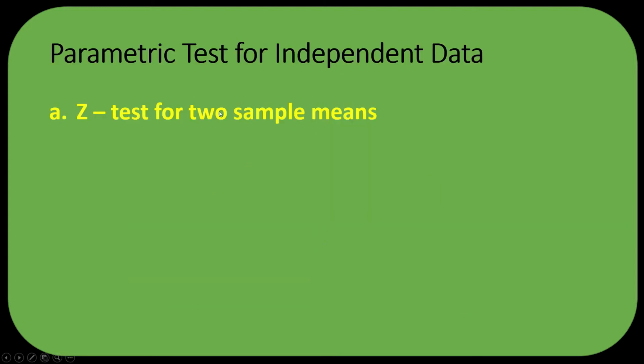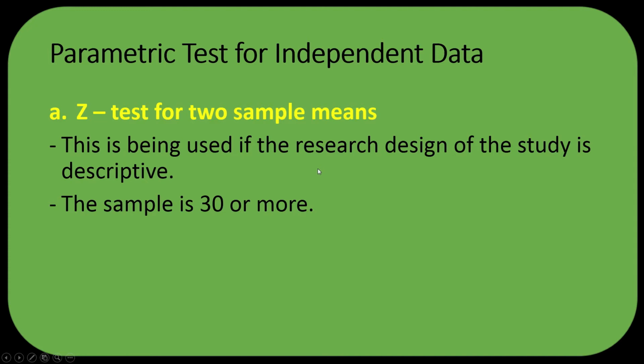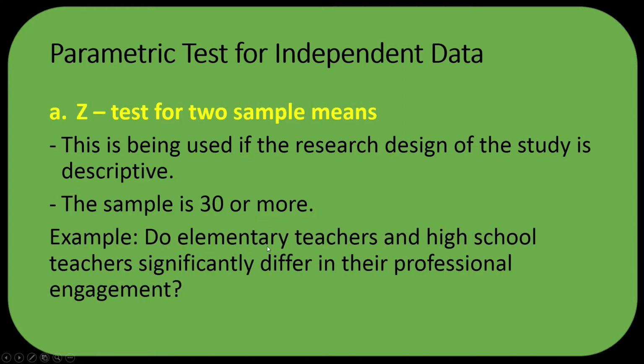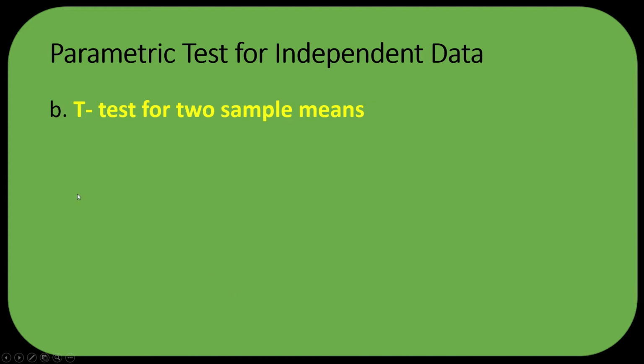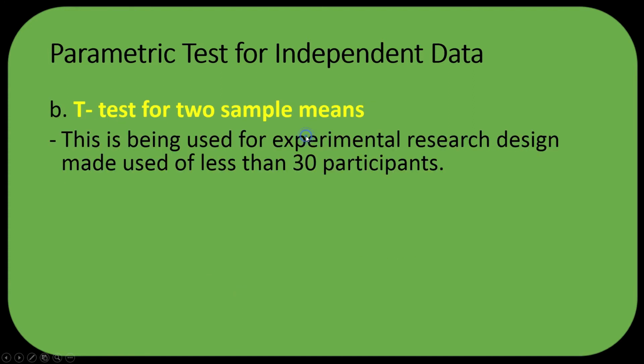For parametric tests for independent samples, we have the z-test for two sample means. This is used if the research design of the study is descriptive and the sample is 30 or more. Example, do elementary teachers and high school teachers significantly differ in their professional engagement? Next is the t-test for two sample means.